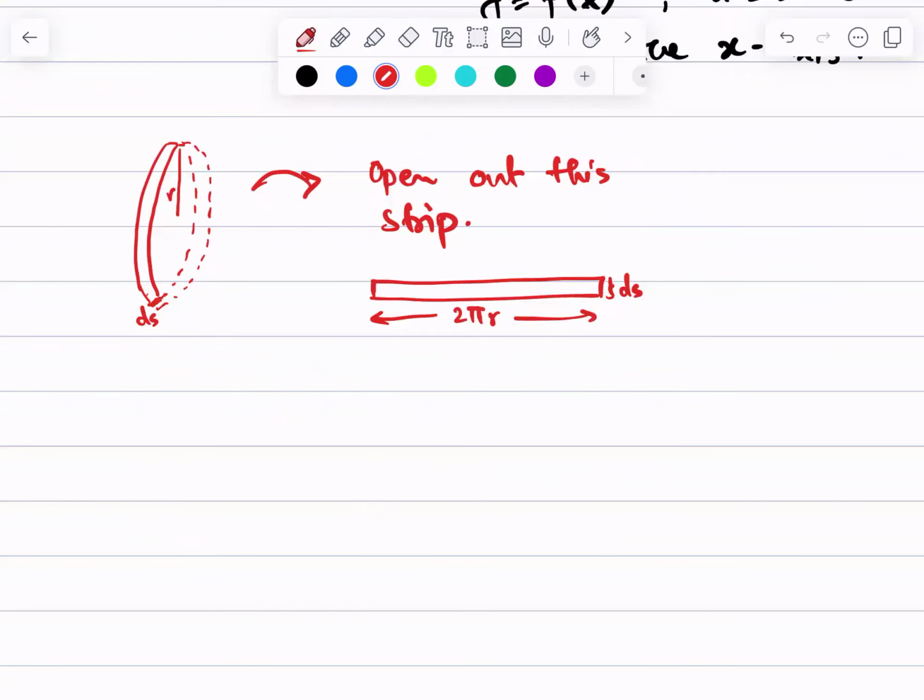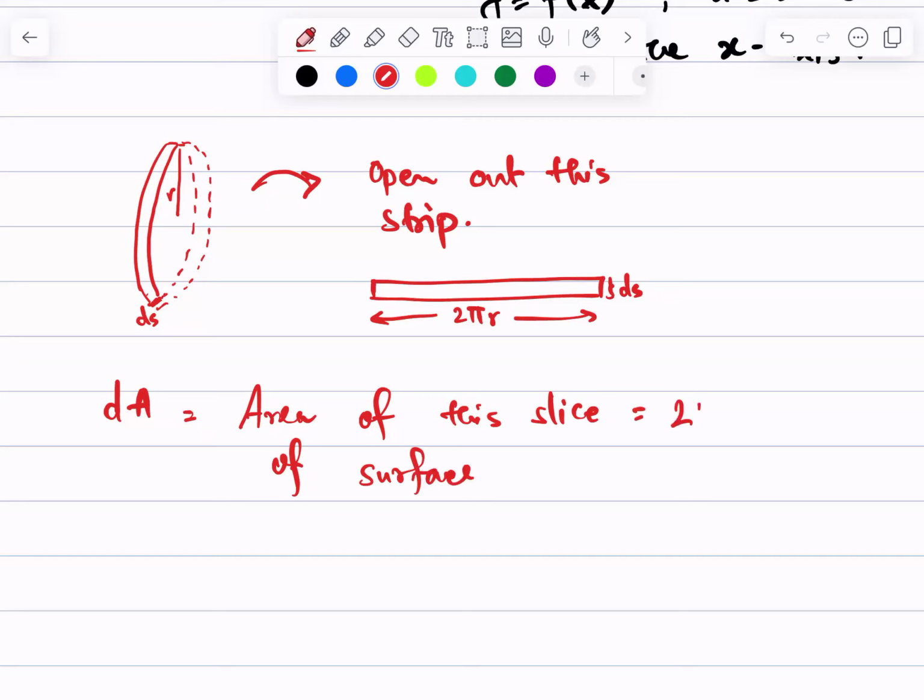Okay, so therefore the surface area of this little portion of the whole region will be dA, say the area of this slice of surface, that will be equal to 2 pi r ds, right?